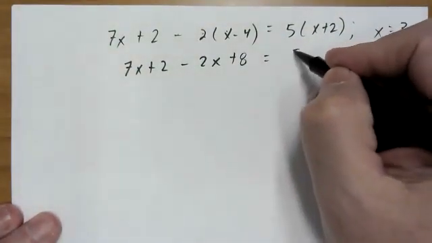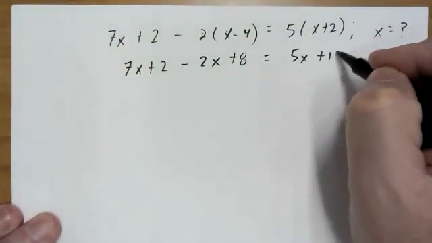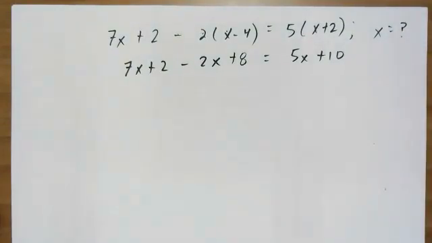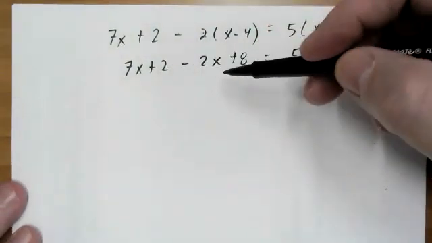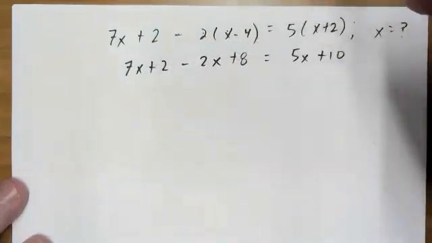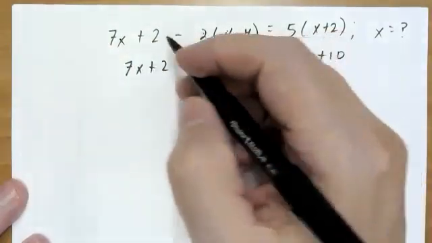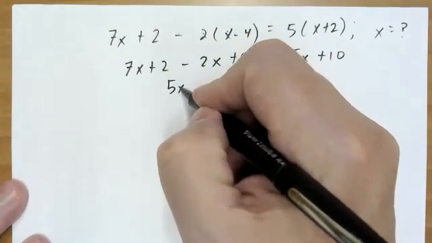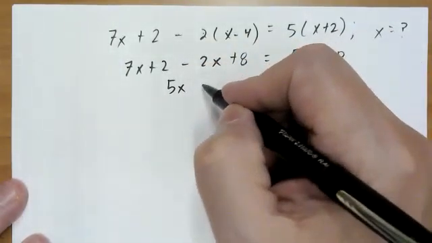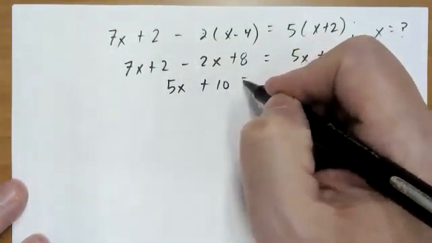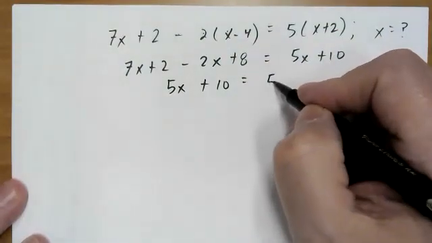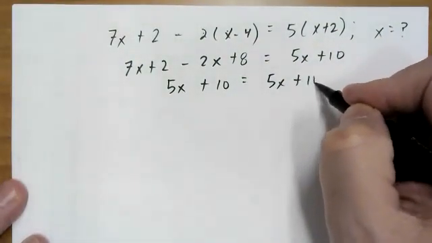Then over here, I have 5x plus 10. Now on the left-hand side, I need to combine some like terms. 7x minus 2x is 5x. 2 plus 8 is 10. Then over here, there's nothing to do.